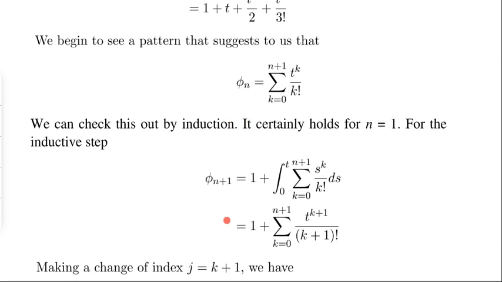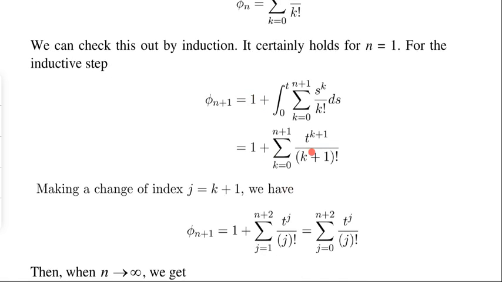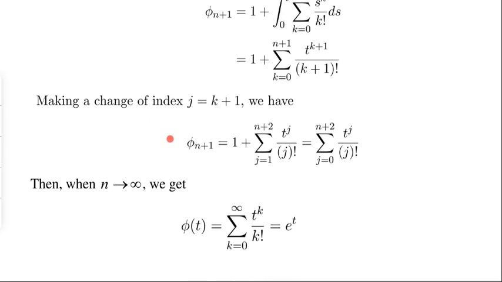Again, we saw that phi n plus 1 can be obtained from phi n and will be in this form. So finally, when n goes to infinity, the limit of this sequence will be in this form.